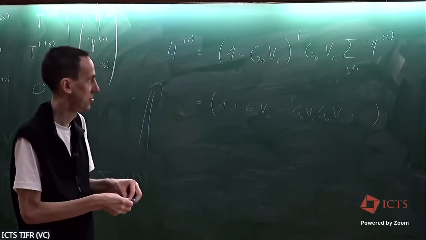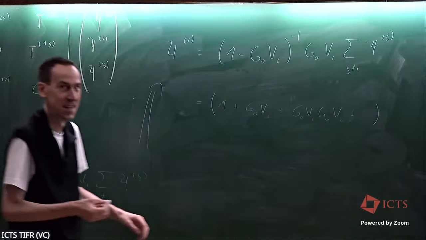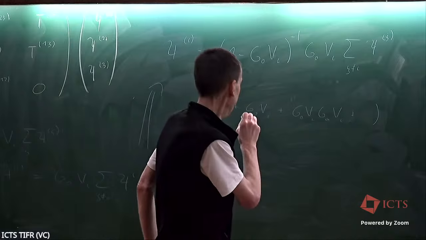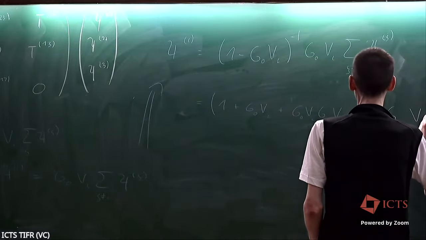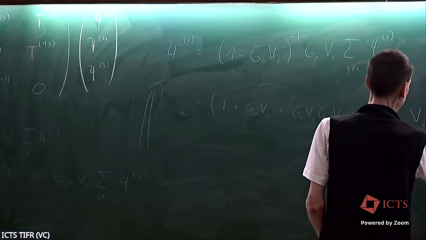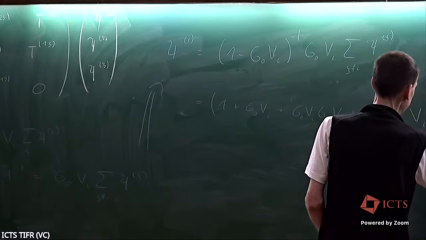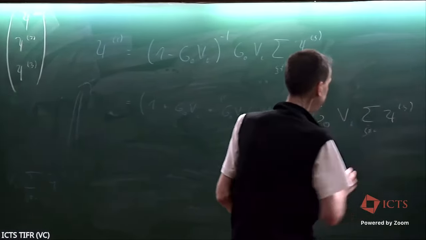I should have used white. I don't know why I used blue. Sorry. Yes. Okay, that then G naught VI. Yeah, and then the sum over J not equal to I or S of that.